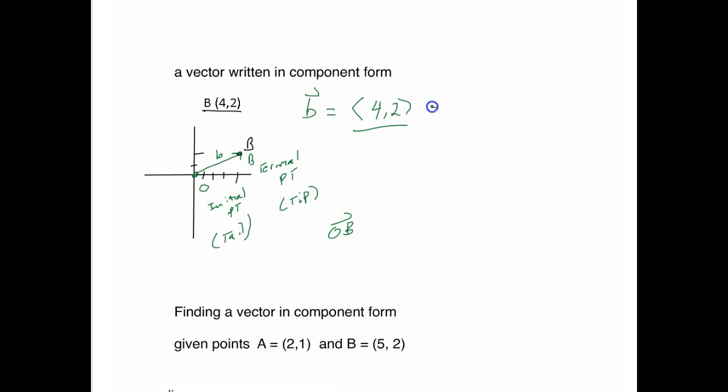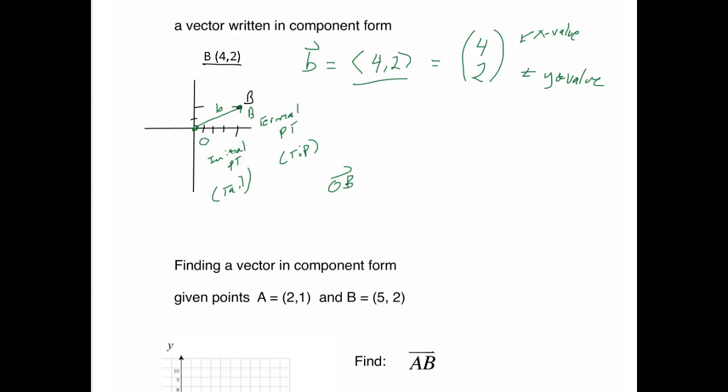Or you could write it in the cool, slick IB way, where they write it vertically. So they put the 4, the x value, up here, and the y value down here. So this is the way you can see in your book all the time. There's actually one more way to write it.